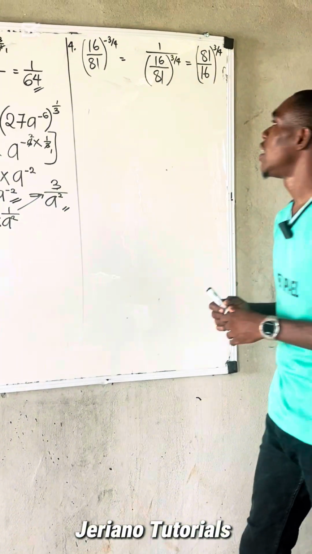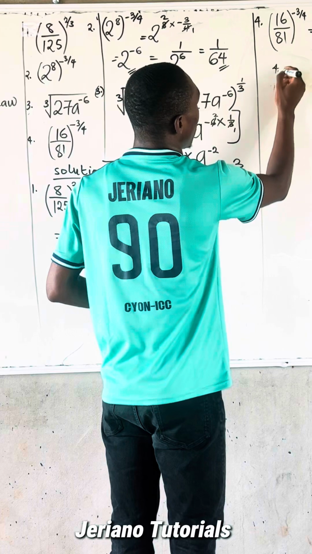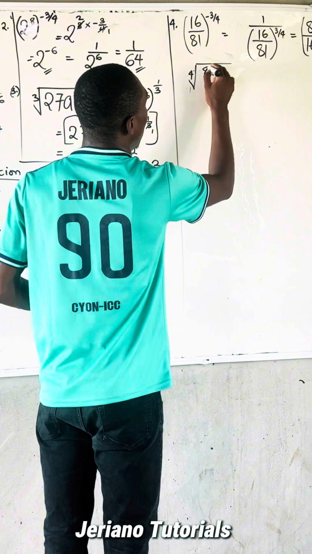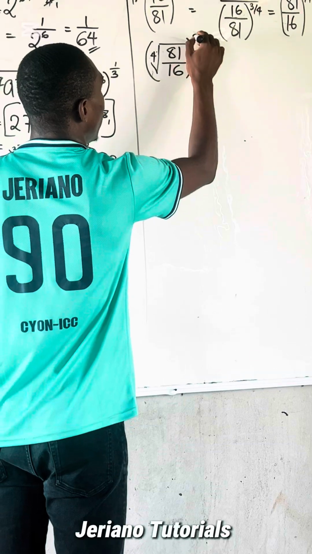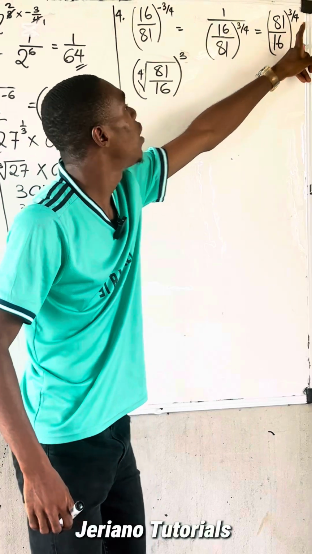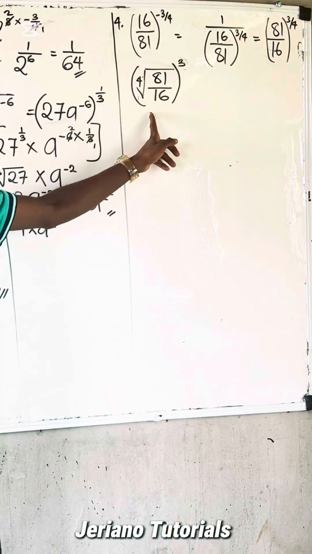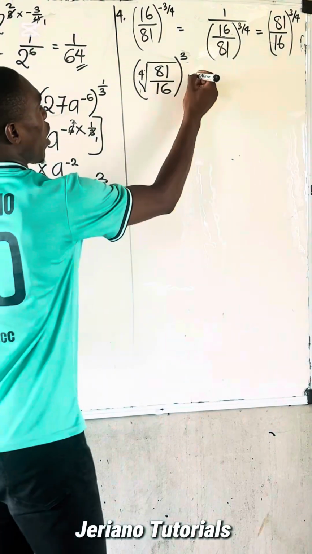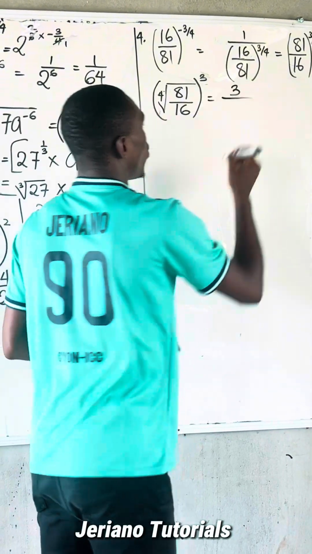Okay, now let's solve. We apply our fractional power law. This takes the 4th root of 81 over 16, all raised to the power of 3. The 4th root, my denominator of my power, takes the root of my base, 81 over 16, all raised to the power of 3, which is my numerator. Now, what do I do? The 4th root of 81 is 3. Why?